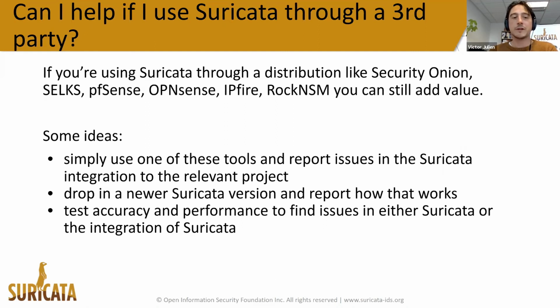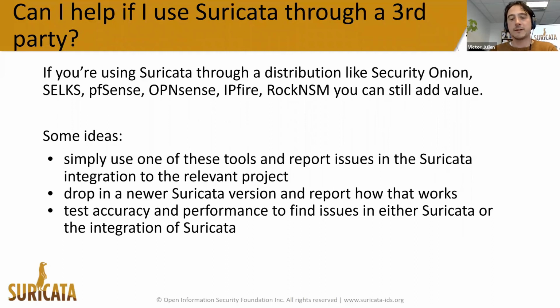If you're more adventurous, you may say, well, I know that currently, for example, OPNsense uses Suricata 5. What happens if I drop in the release candidate of Suricata 6? Does it still work? Does it work as expected? Things like this would be very useful, and it would help not just us, but also OPNsense, because they will be looking at the same thing, maybe not until a few months from now.